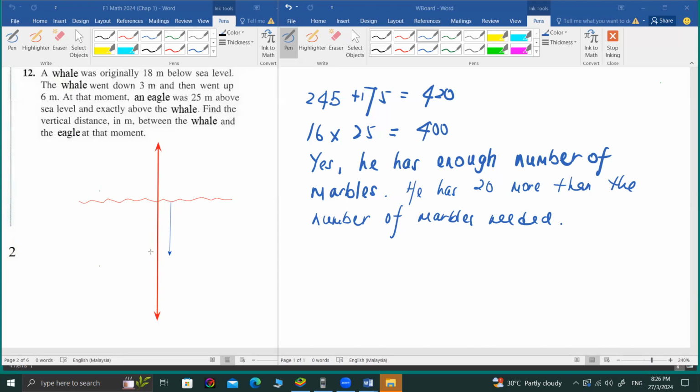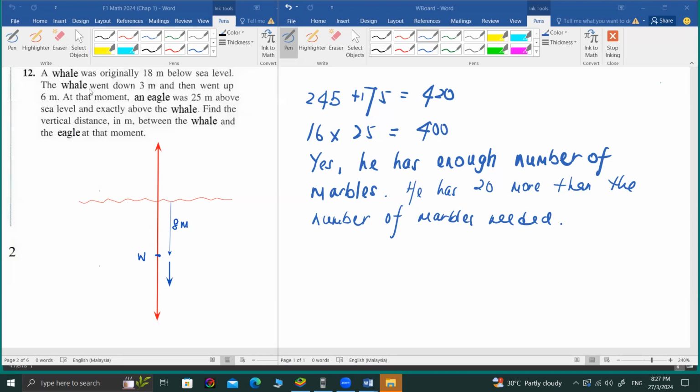Listen carefully, later you try to solve and let me know what answer you get. The whale initially is here. The whale went down, 8 meters below. The whale went down further another 3 meters. Down 3 meters and up again 6 meters. Up again 6 meters.